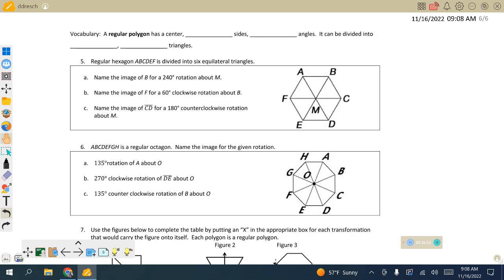So a regular polygon has a center, it has equal sides, and it also has equal angles. So all the sides and all the angles are equal. What we say is it's equilateral and also equiangular. Regulars are really where we will focus.